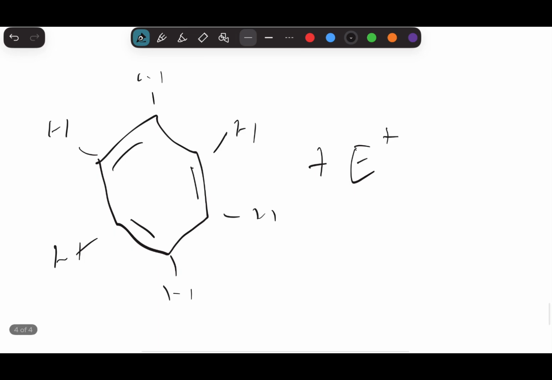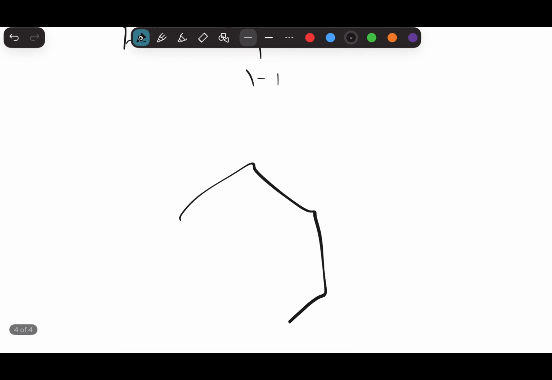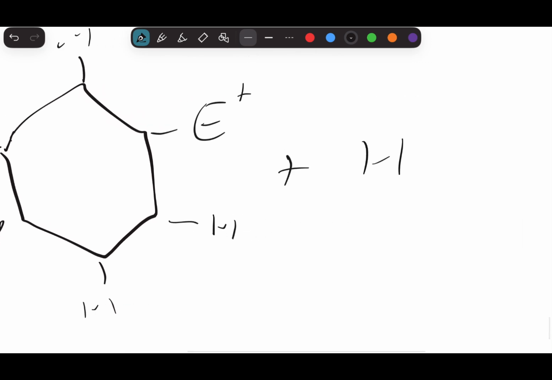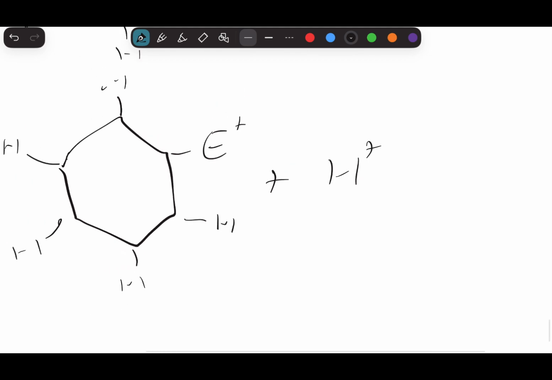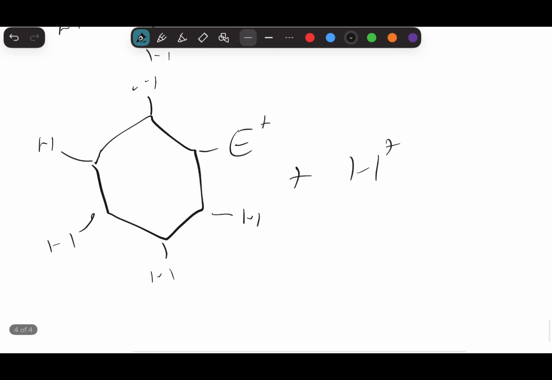And what would happen is that the electrophile, so let's draw another benzene ring, will substitute in, plus a hydrogen or a proton. A hydrogen ion will always be a proton because it only has 1 electron, so you get the point. So this is what will happen. The electrophile will substitute in and you'll get this.